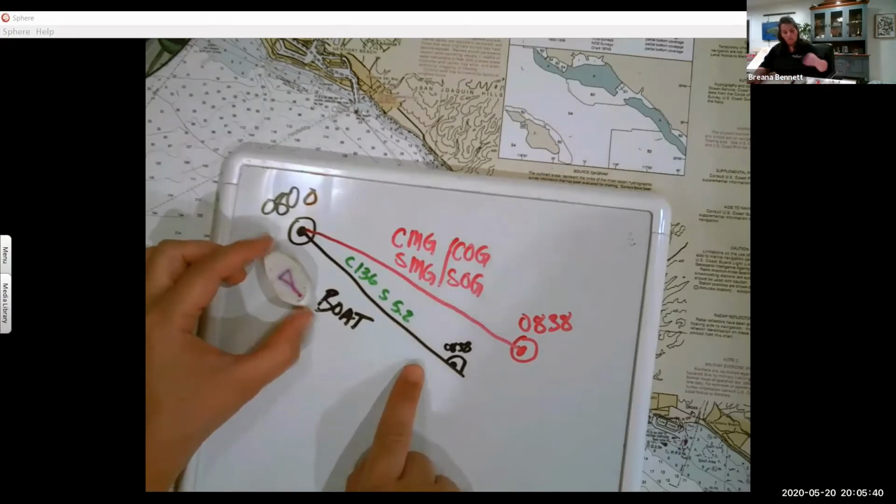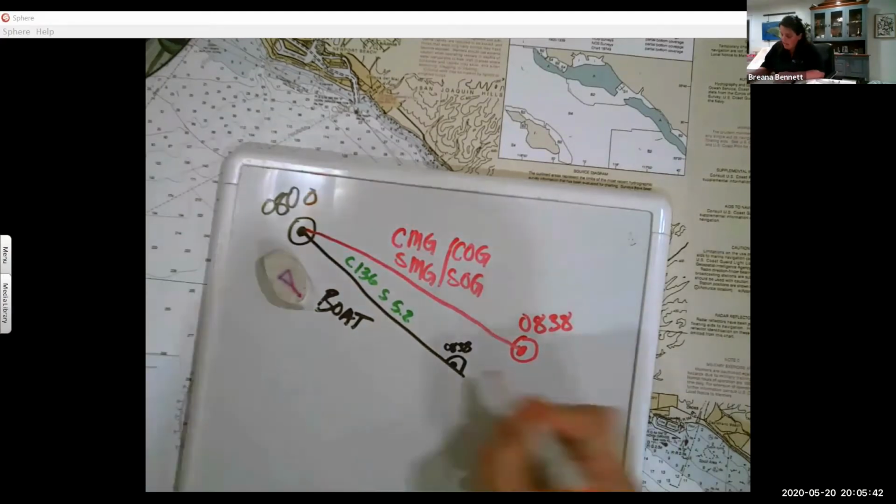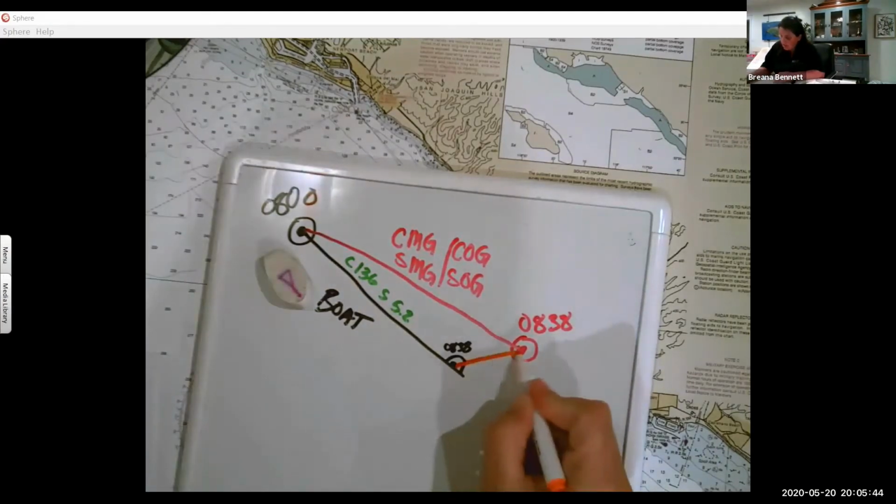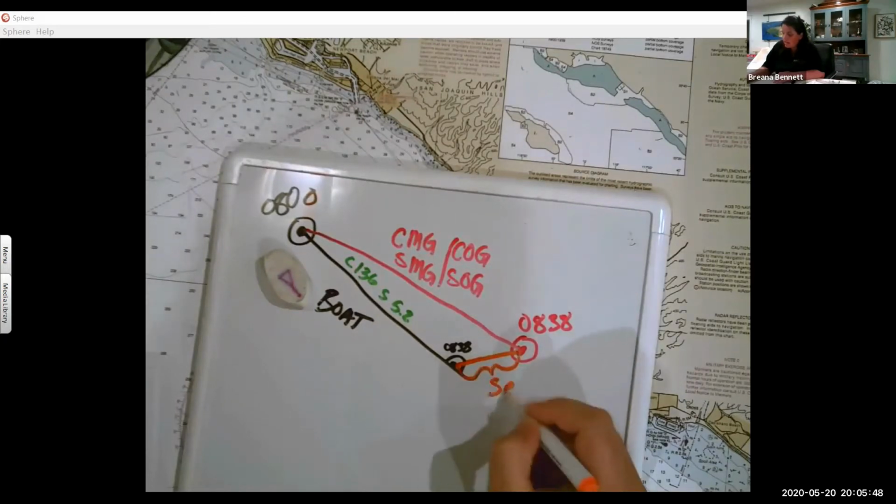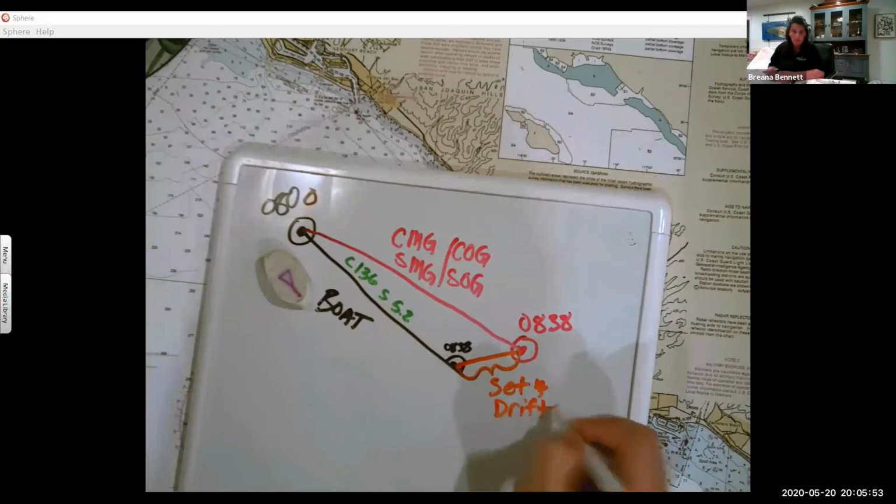Okay. So then if we connect the triangle, this is our set and drift, which we're going to go into next week.